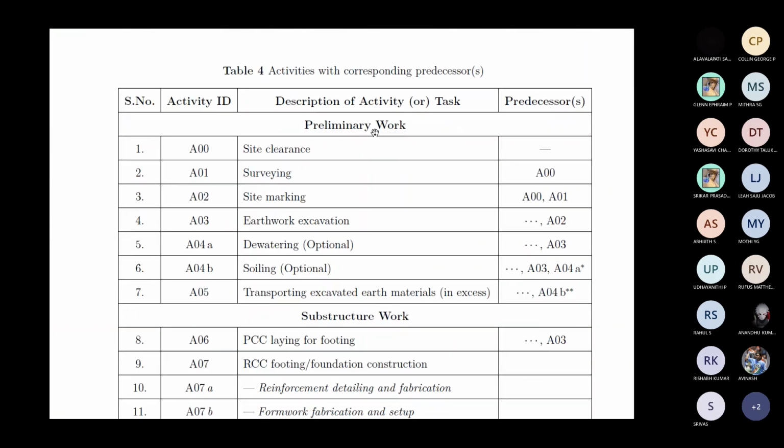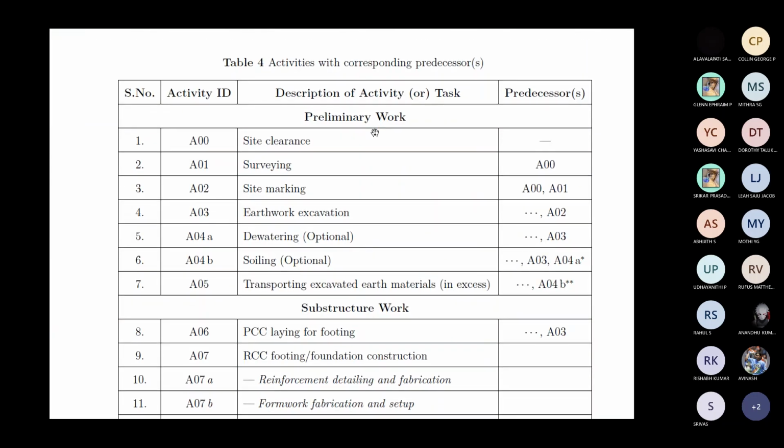Before we get into that, we need to know the logical sequence, or the sequence in which activities occur, or the sequence they have to wait for so as to effectively proceed. So let's take a look at that.